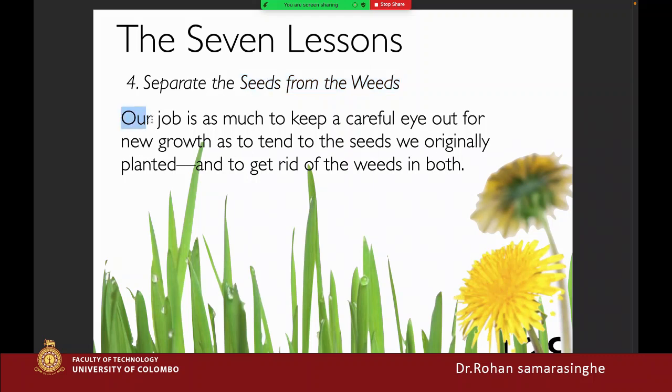So our job is as much to keep a careful eye. This is very, very important. Careful eye means that where the technology is changing over time, new technology is introduced. Nowadays, GitHub has an artificial intelligence component, and when you give the guidelines, the potential code will be given to you.